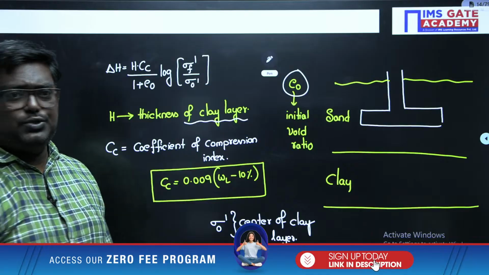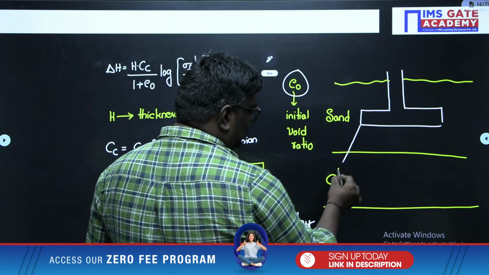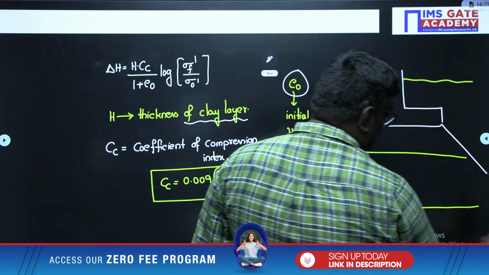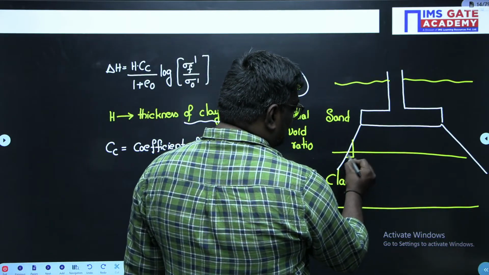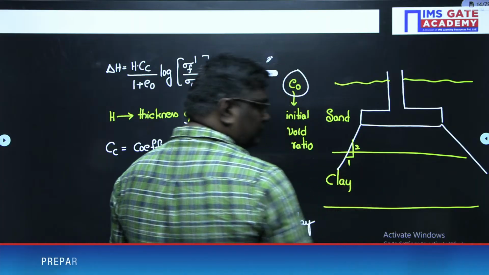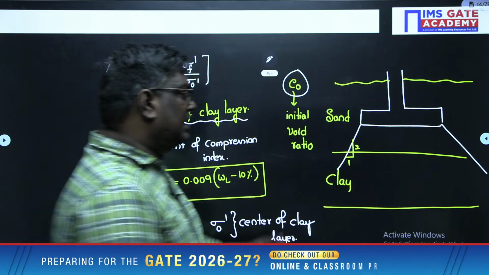That means if you consider here, this is the effective stress. Here, the load distribution will usually be taken as 2:1, 2 vertical, 1 horizontal, in a trapezoidal way.